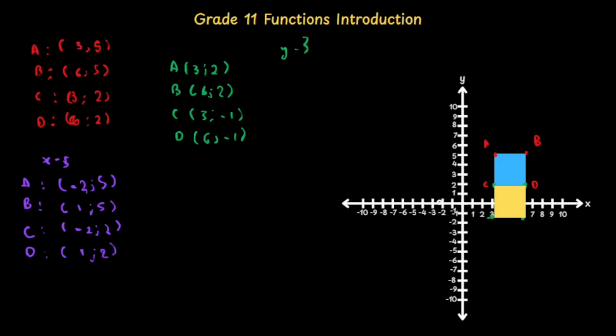My new point A would be at -2 and 5, so I find -2, move up to 5, and plot it there. My new point B would be at 1 and 5. So there's 1, there's 5, I'm going to plot it right there. My new point C would be at -2 and 2. My new point D would be at 1 and 2. And I can go ahead and sketch that in.